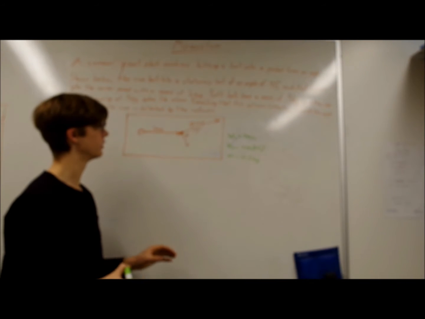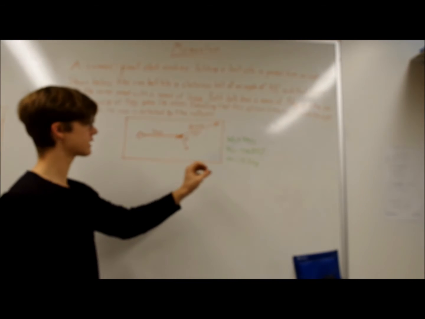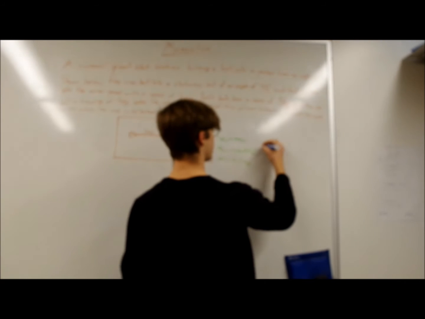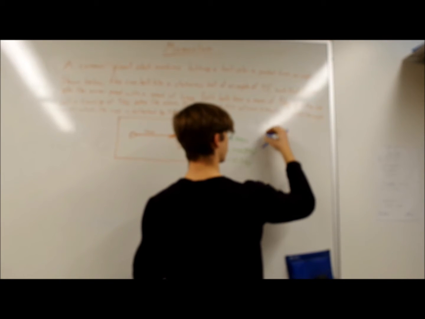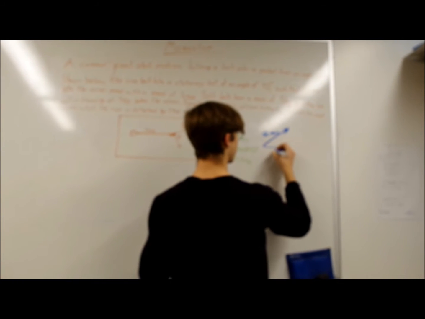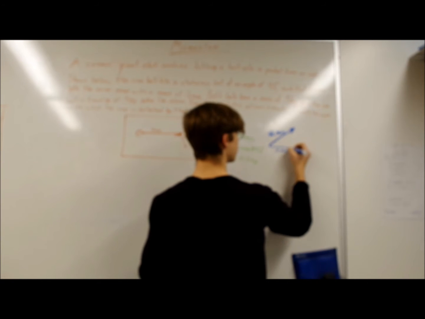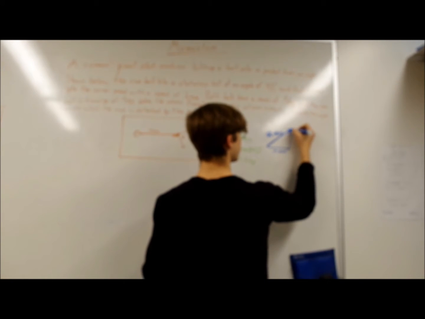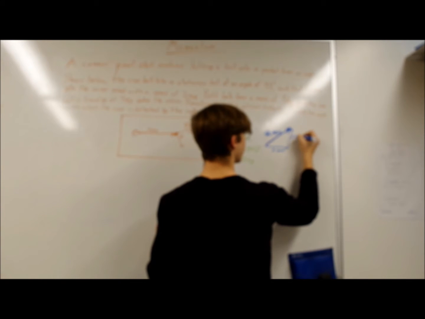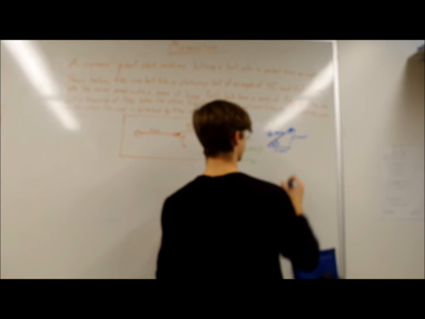Now what we need to do is split this vector, the 2 meters per second, into an x and y part. So, if we draw out this vector, we have our 2 meters per second, and this will be the x part, and this will be the y part, and this is 45 degrees.